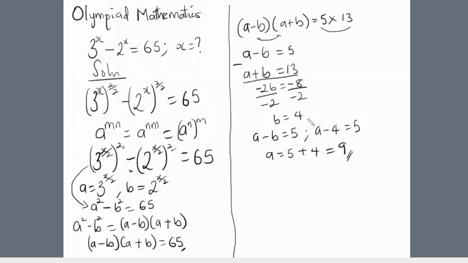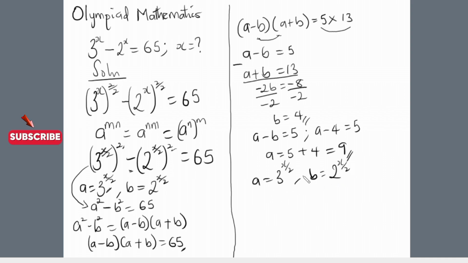So this is the value of a, and this is the value of b. But the question specifically asked us to find the value of x. Now, you will recall that a is equal to 3 to the power of x over 2, and b is equal to 2 to the power of x over 2.